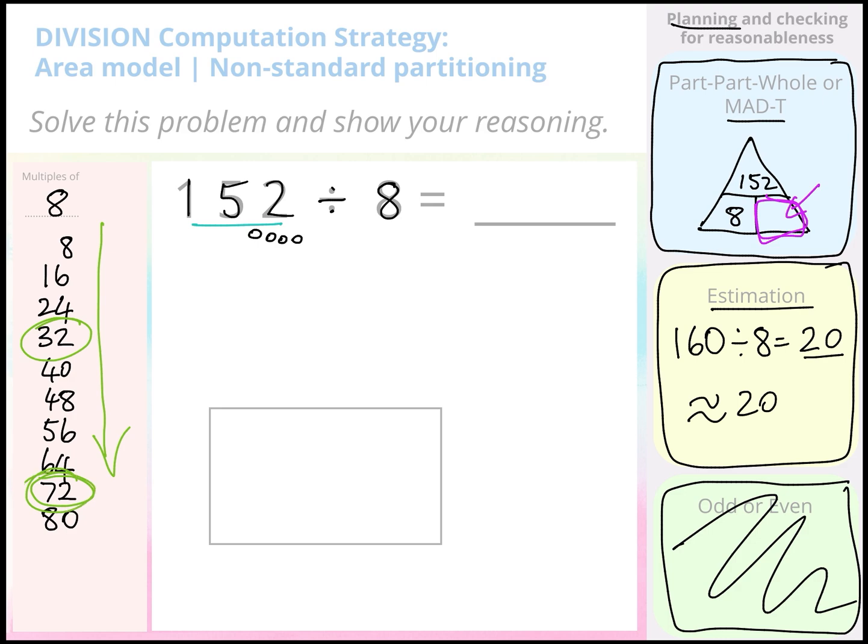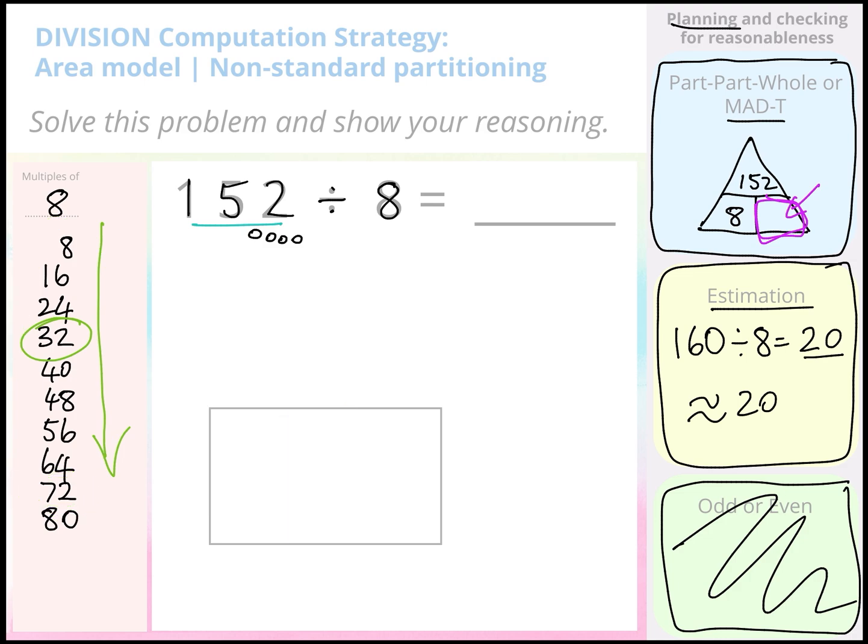Trust me, 72 is going to be better, because otherwise I'm going to have to break my rectangle into 3 parts if 32 is one of them, because what's left over there is not going to be divisible by 8 easily, since 120 is not one of my facts, or 12 is not one of my facts.